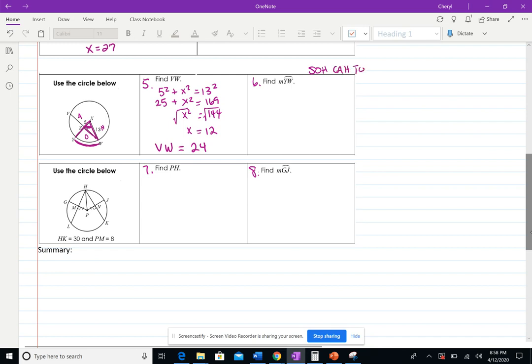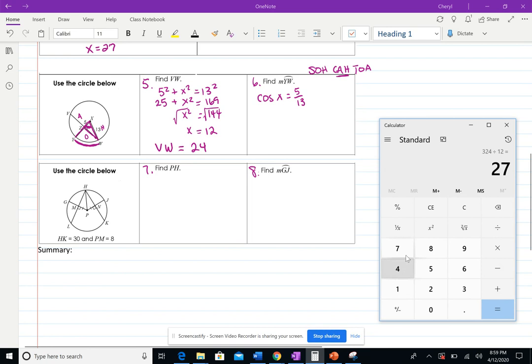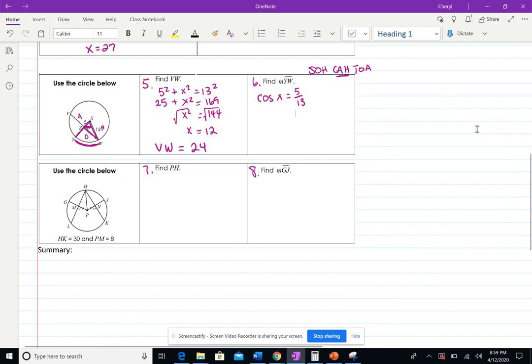SOHCAHTOA. We're given the adjacent and the hypotenuse, so let's use cosine. Cosine of angle x is equal to 5/13. I'm going to use my phone calculator, guys, because my calculator doesn't have trig functions.